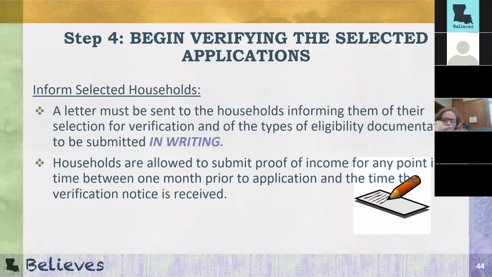When a household is selected for verification, the LEA must inform the household in writing of its selection and must provide a list of the documents or other forms of evidence the household must submit to the LEA. When the LEA uses agency records or direct verification to confirm eligibility, a letter or email informing the household of its selection for verification is not required as verification is complete.